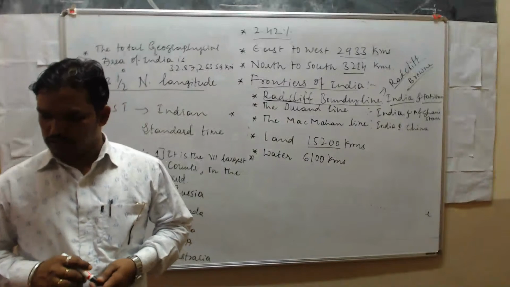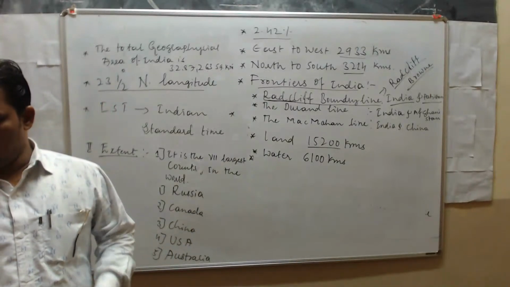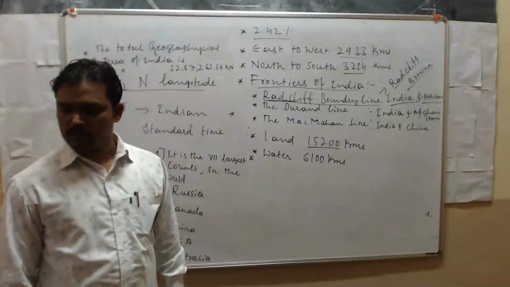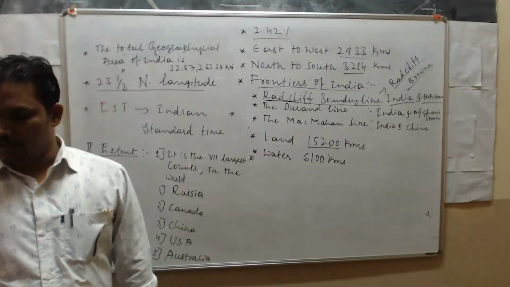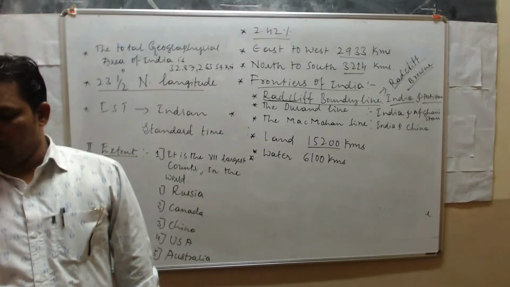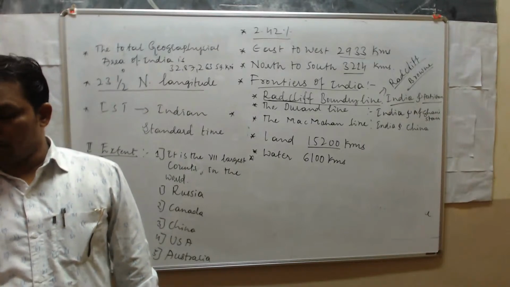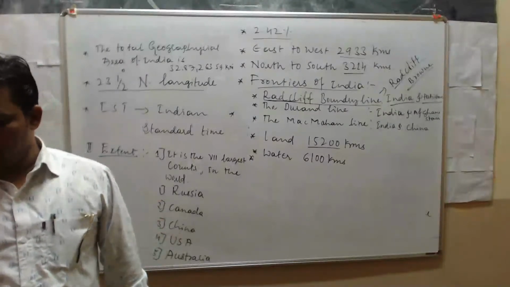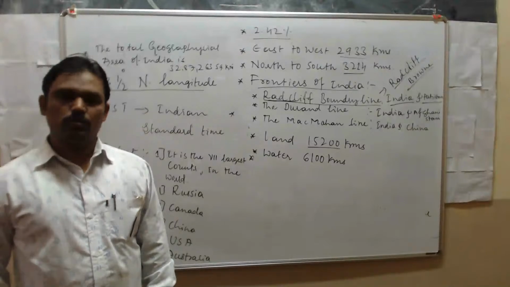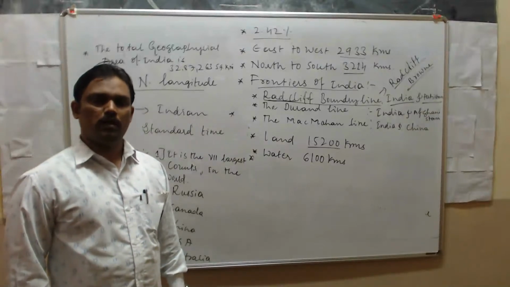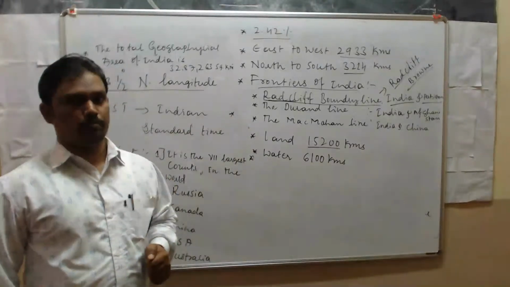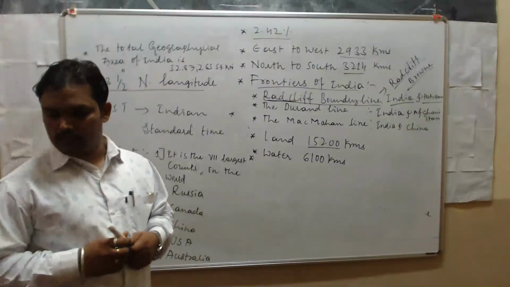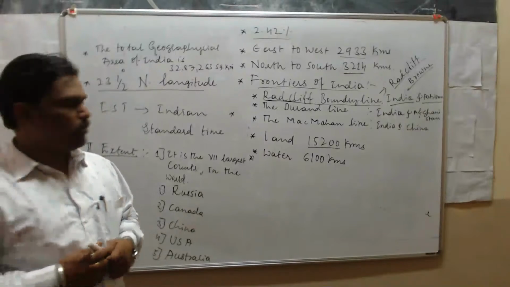Next, last, the total length of India's coastal line, including Andaman and Nicobar Islands as well as Lakshadweep, is 7,516.5 kilometers.